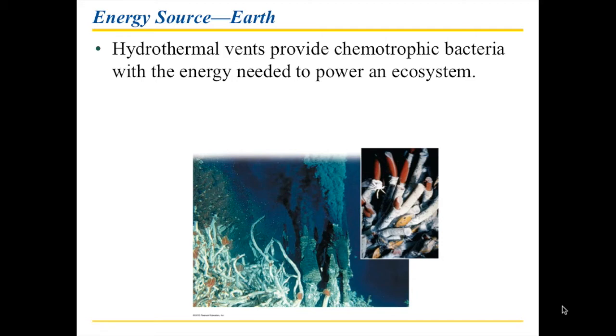And so they have become chemotrophic. They eat those chemicals essentially. Rather than being phototrophic, which means you exist by photosynthesis, these are chemotrophic and they can exist by chemosynthesis. So that's an entirely different way of life when it comes to these organisms. And I'm just going to write this down so that you know how to spell it.